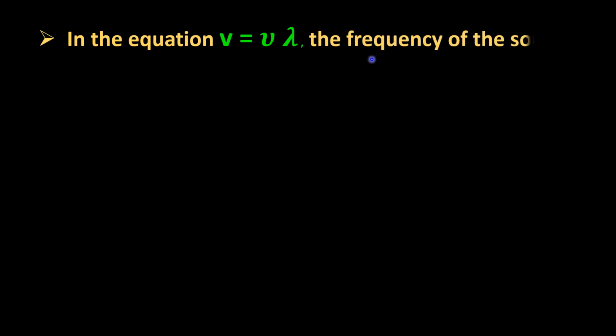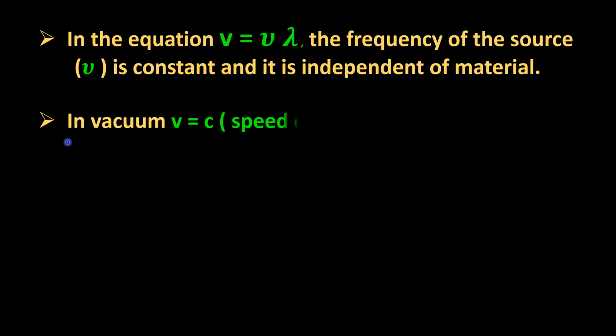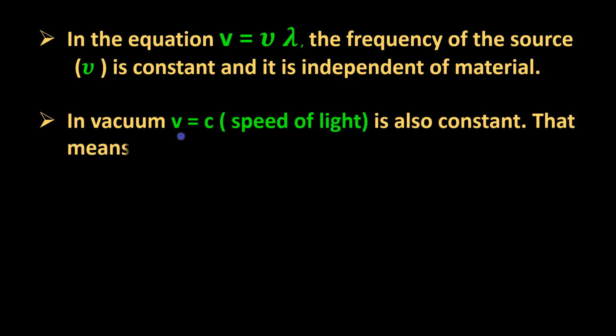See here, in the equation v = nu lambda, the frequency of the source nu is constant and is independent of material. In vacuum, v, that is the speed of light, is equal to c, and is also constant.